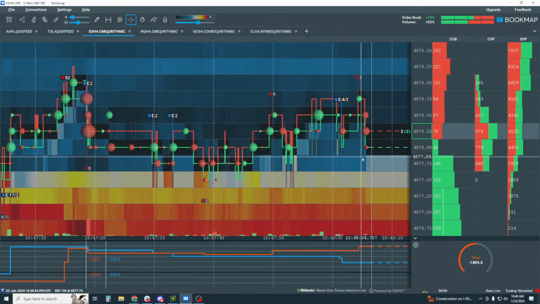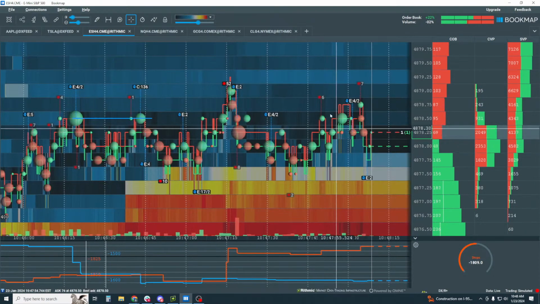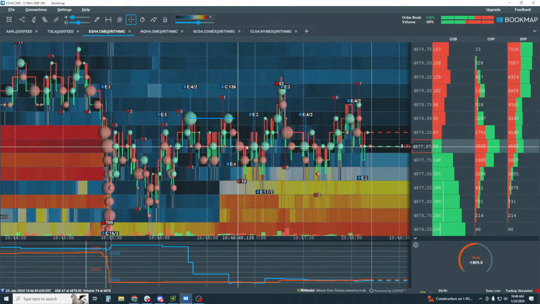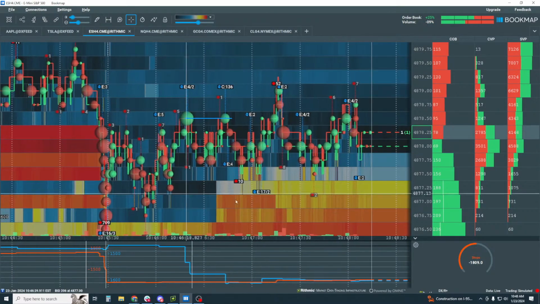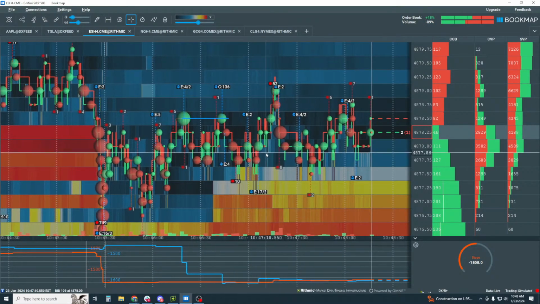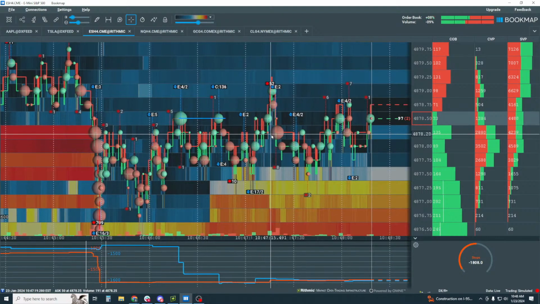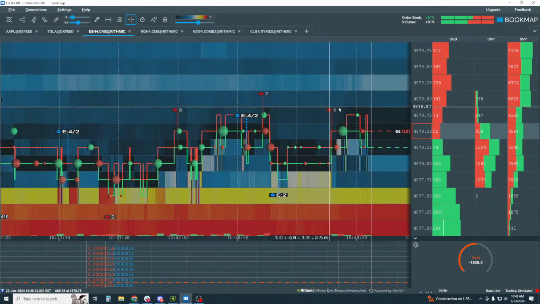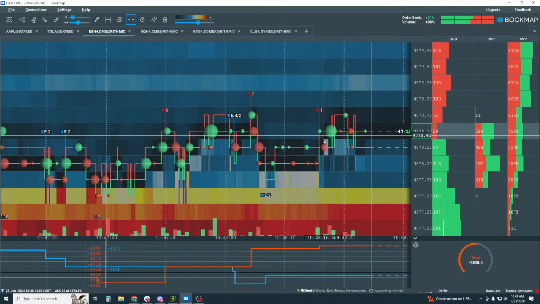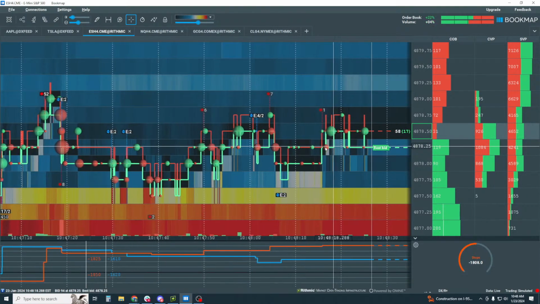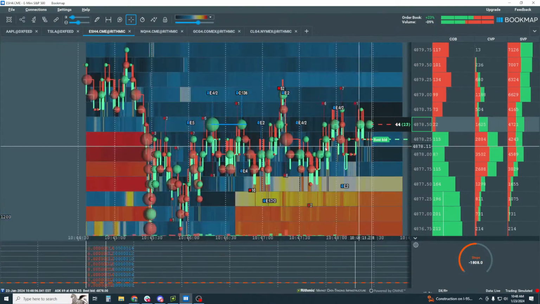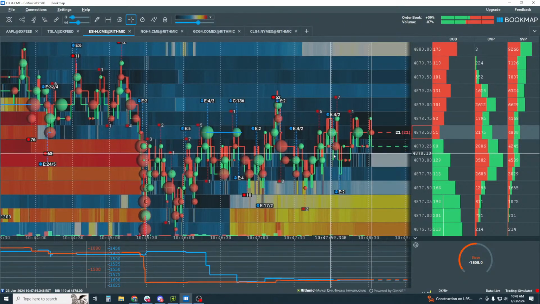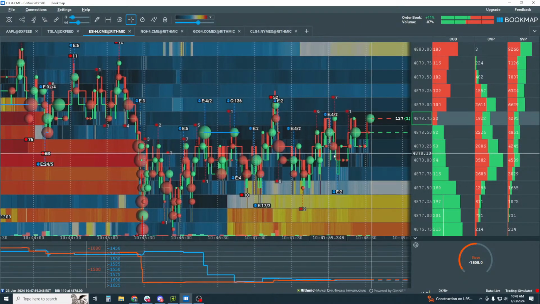So let's see here. Now, what this means right now is this is the area where we've got a lot going on between the buyers and sellers. It's not really clear right now. So this is your distribution, your accumulation, whatever you want to call it.